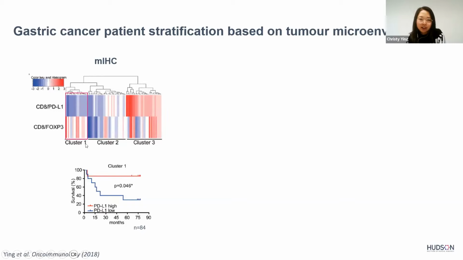With the unsupervised hierarchical clustering, we were able to divide these 84 gastric cancer patients into 3 clusters. When we look at the first cluster highlighted in the red box, we see patients with a low CD8 to PD-L1 ratio, while moderate CD8 to FOXP3 ratios.